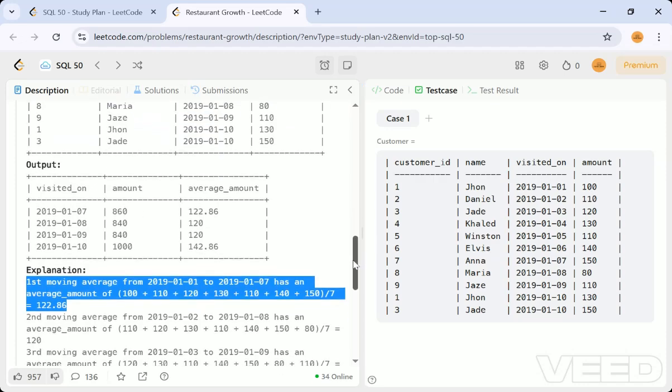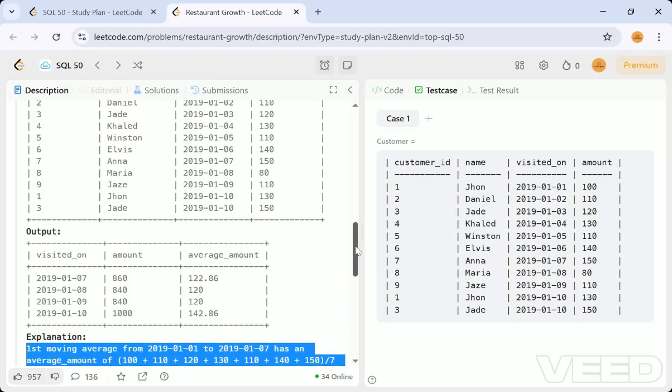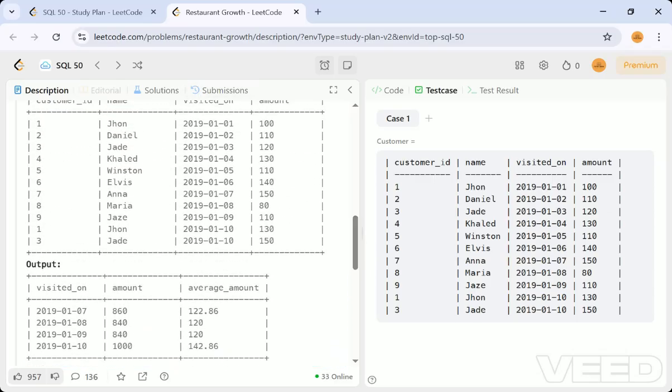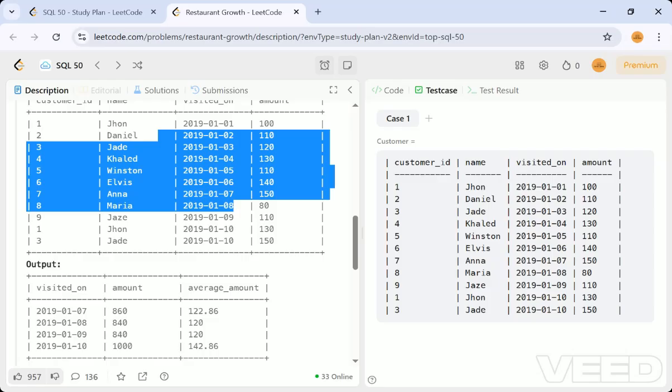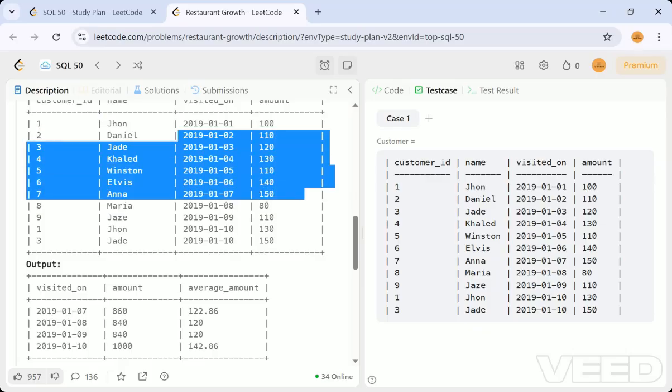After that, the second moving average will be from day 2 to 8.